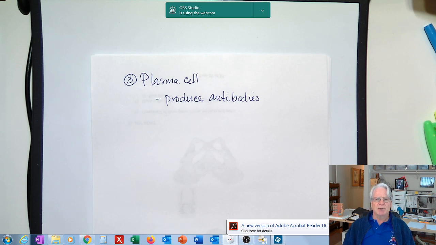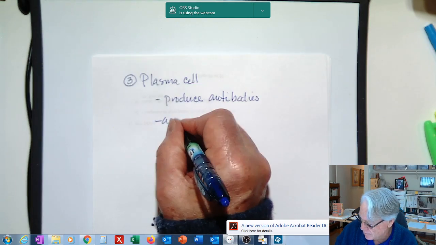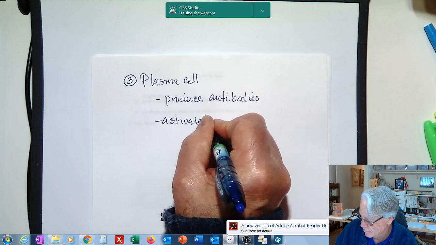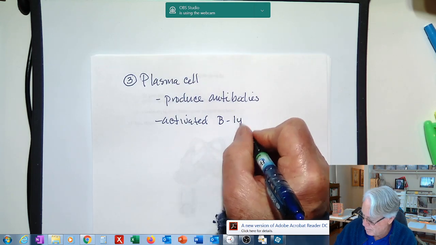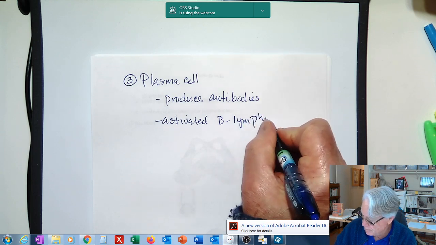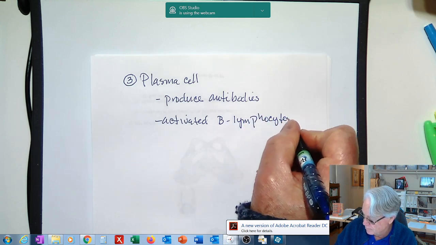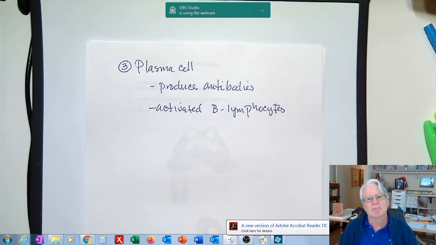So plasma cells are producing the actual antibodies. And they are actually activated B lymphocytes. Now, again, there is a very complex story here in terms of B lymphocytes and T cells and a bunch of other types of cells that are involved in your immune system.